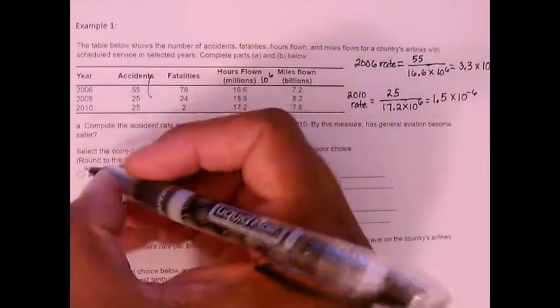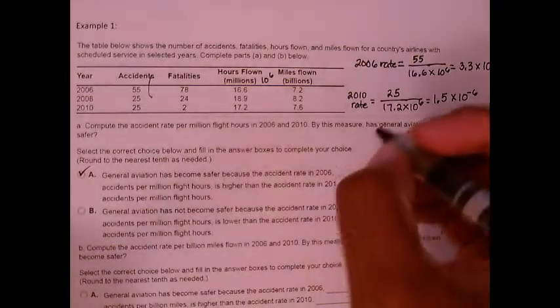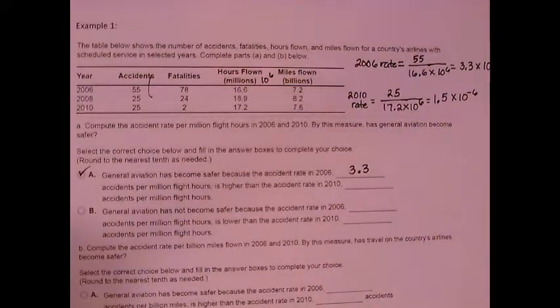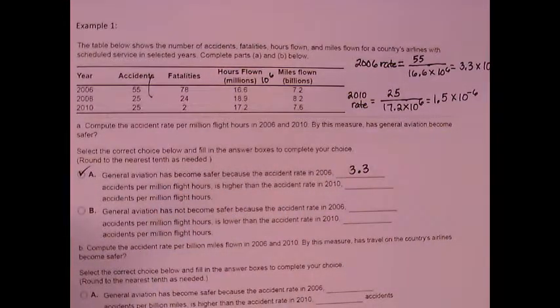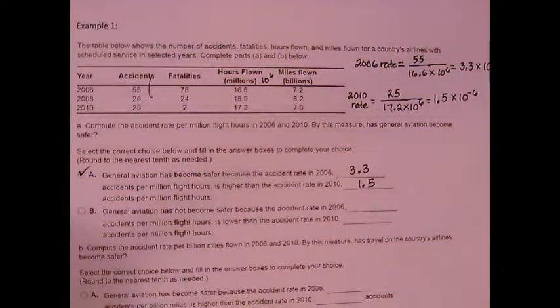So general aviation has become safer because the accident rate in 2006, which I'm just going to write as 3.3, is 3.3 accidents per million flight hours. It's higher than the accident rate in 2010, which is going to be 1.5 accidents per million flight hours. That's the answer to part A.